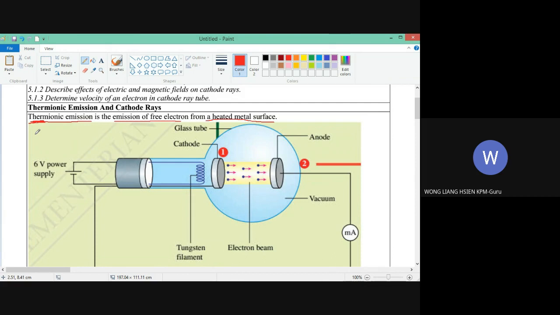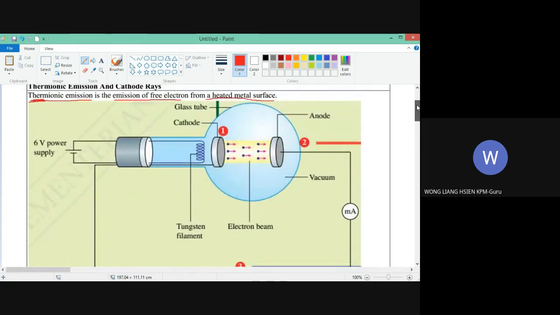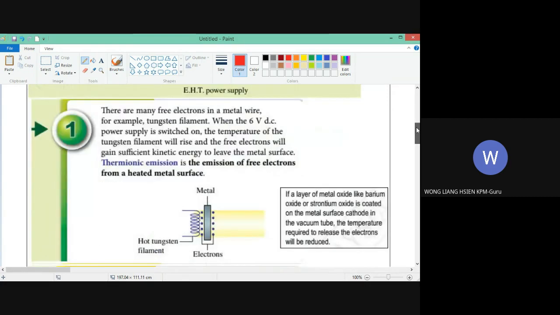Okay, heat energy, thermal. So let's look at this apparatus. Number one, there are many free electrons in a metal wire, for example, tungsten filament. When the 6-volt direct current power supply is switched on, the temperature of the tungsten filament will rise and free electrons will gain sufficient kinetic energy to leave the metal surface.